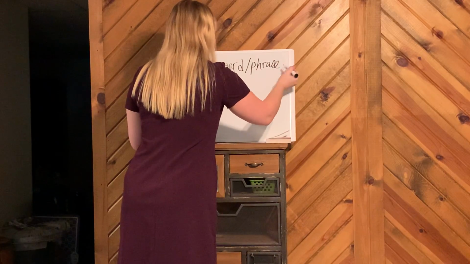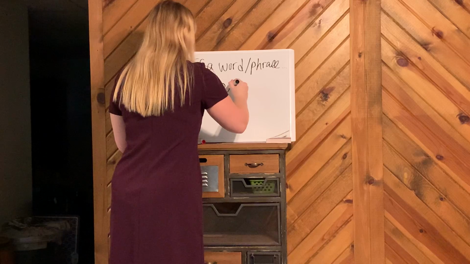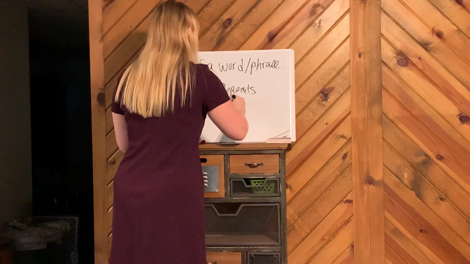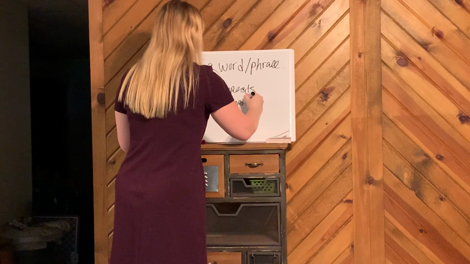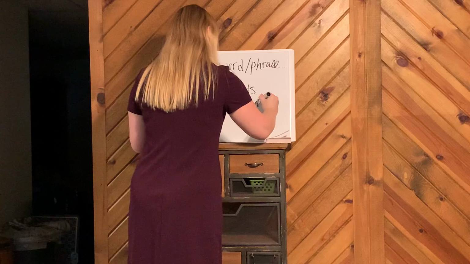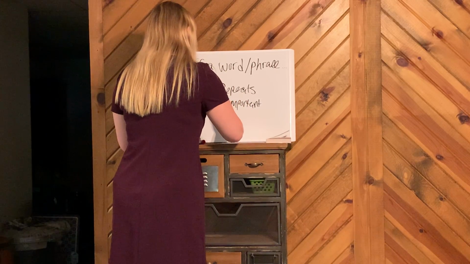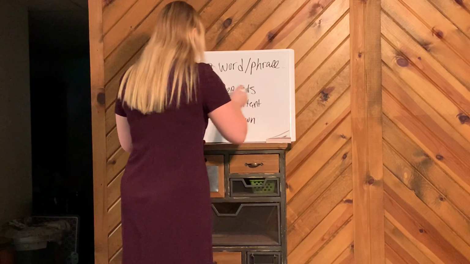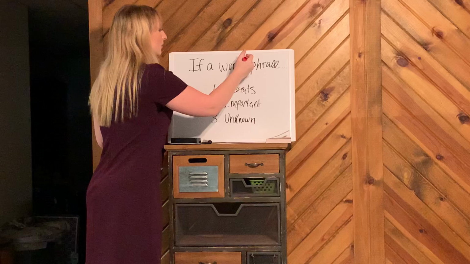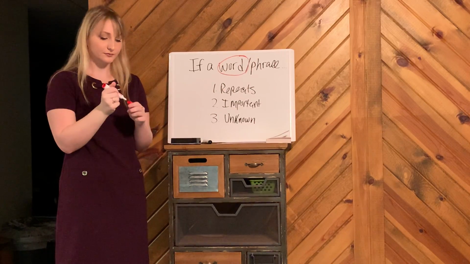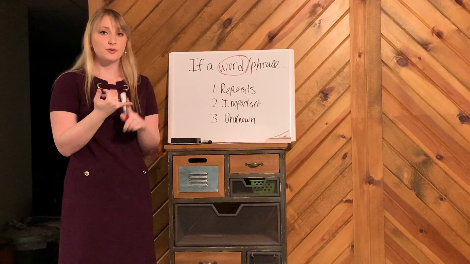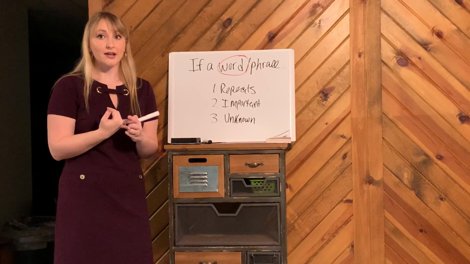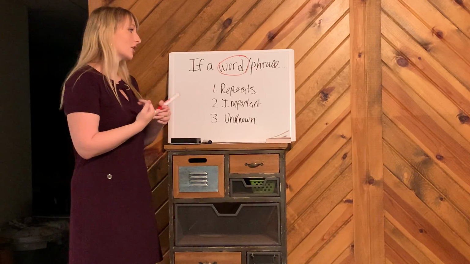So like if a word or phrase either repeats itself, seems important, or you don't know what it means, you're going to circle that word or phrase. So if you see the same word getting repeated multiple times, or maybe a phrase getting repeated multiple times throughout the story, guess what? It's probably important at some point. So you're going to probably want to circle it.